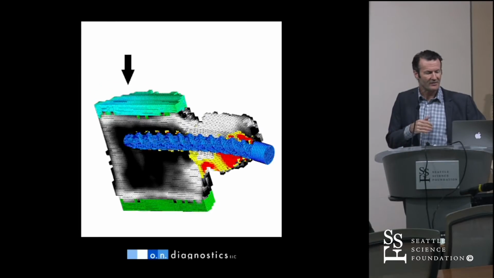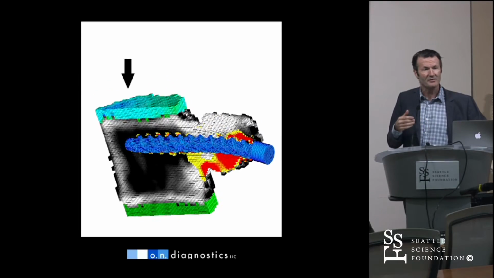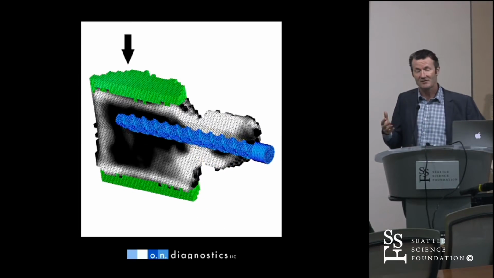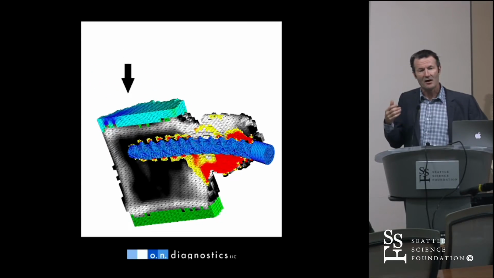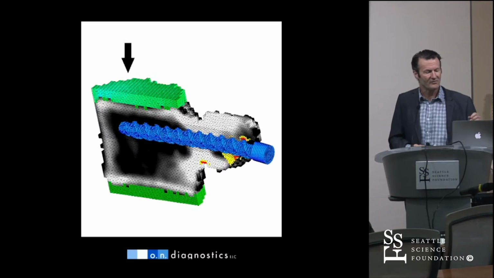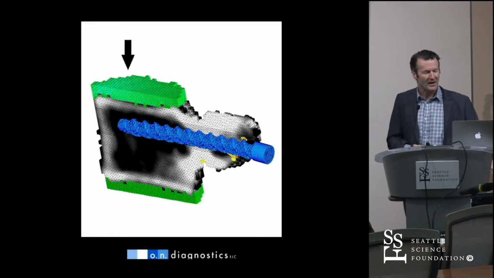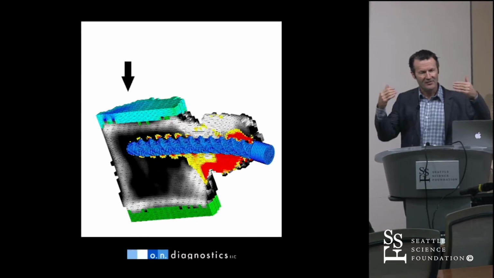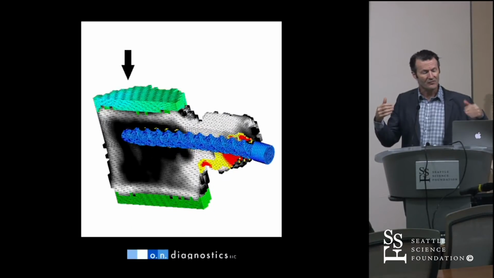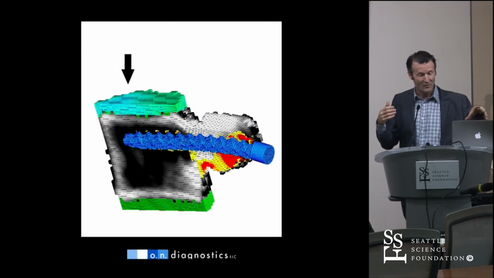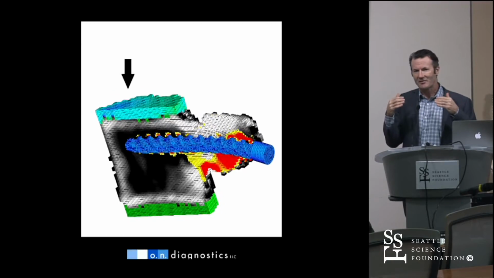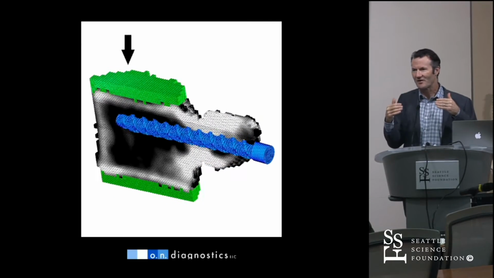This gives you an idea of what we're currently doing. So we can virtually implant pedicle screws now and constructs and start looking at the stresses around the pedicle screws. It's interesting when you do this and you load the bone. If you don't have the pedicle screw in there and you load the bone, and the bone's bending forward like this, you get a very slight anterior shift of stress in the disc.